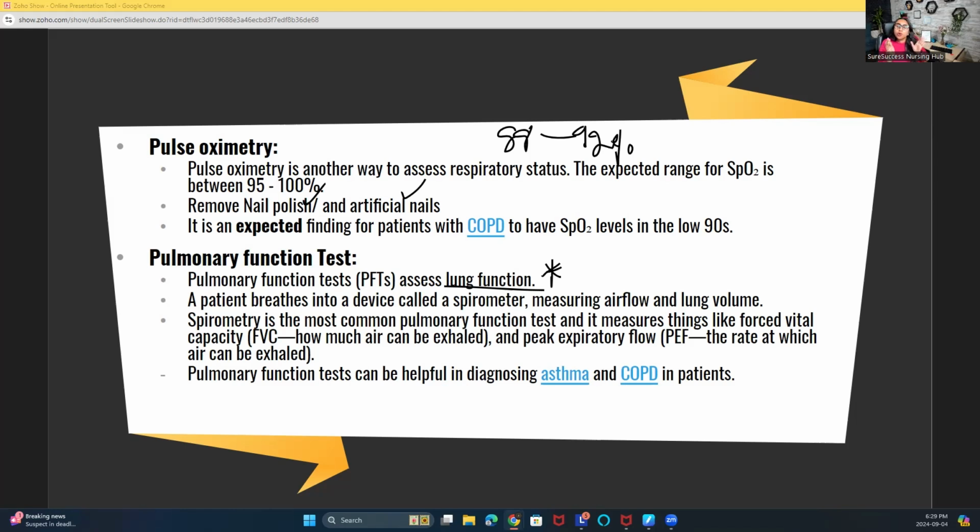For example, in asthma and COPD patients you are doing the pulmonary function tests. Normally I am breathing in 2 or 3 liters of air, and when I am breathing out, it is 2 or 3 liters of air. In COPD or asthma, I am breathing in maybe 1.5 liters and breathing out only 500 ml.